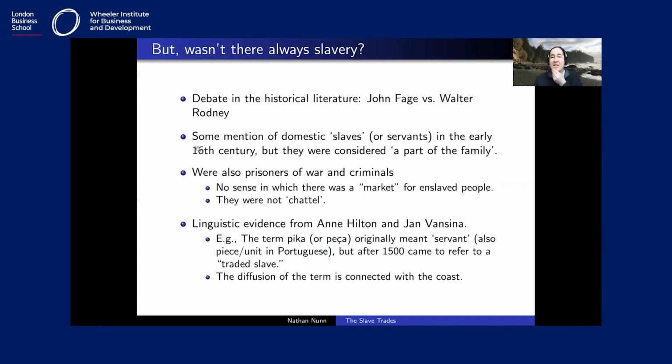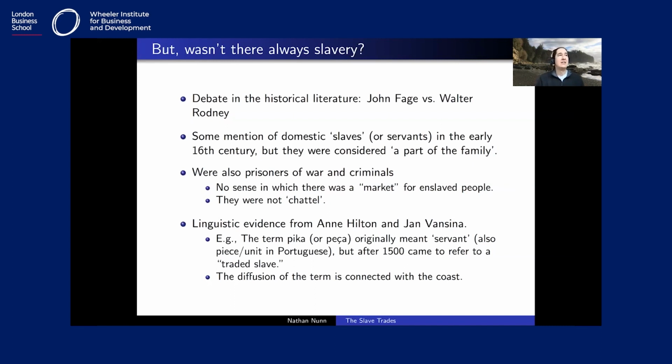There's definitely some mention of domestic slaves or servants in the early 16th century, but in general, you can think of these as being different than what we call slaves during the slave trade. They're considered to be part of the family. In no sense were they chattel.